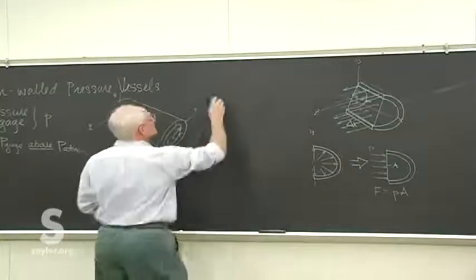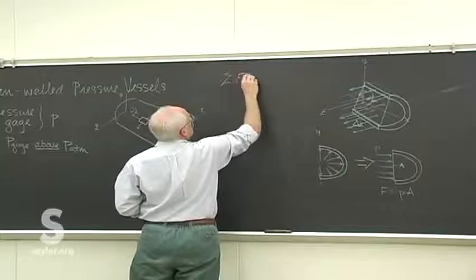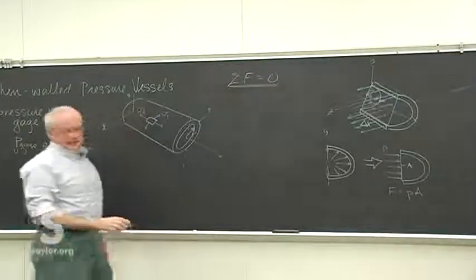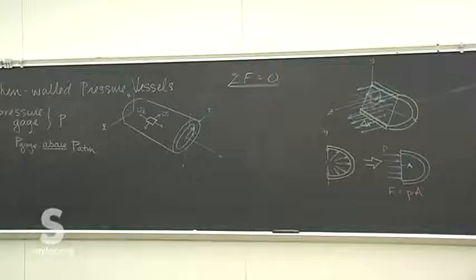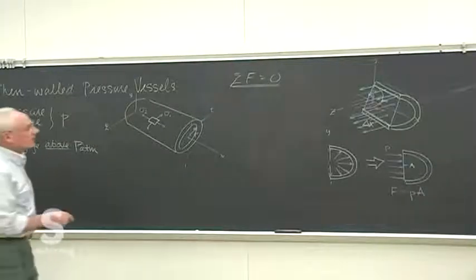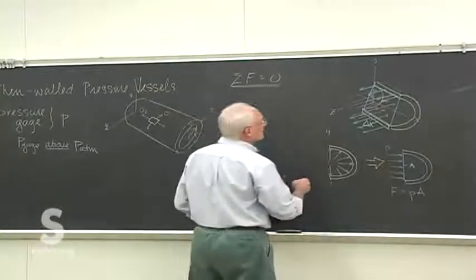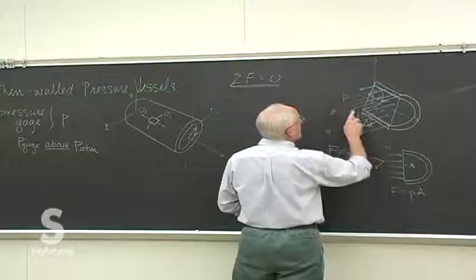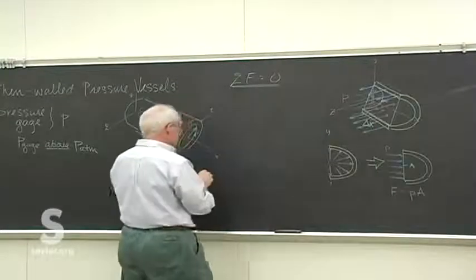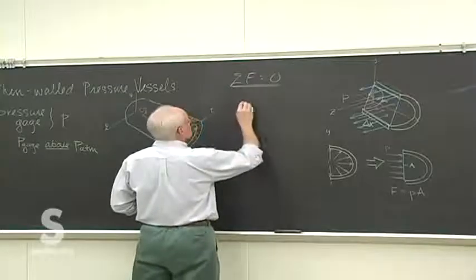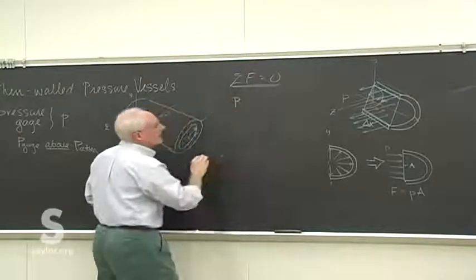So we can balance the forces on this piece here and see what they equal, and that'll allow us to find the stress. So the first part I guess we can do is we have this pressure acting on that area.